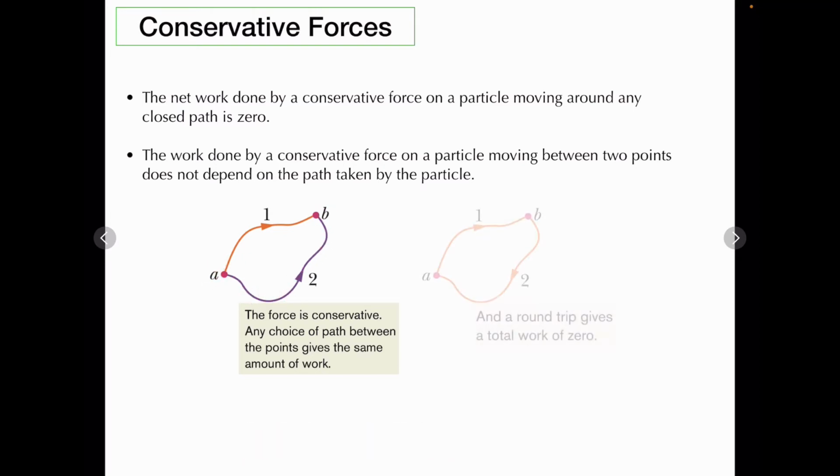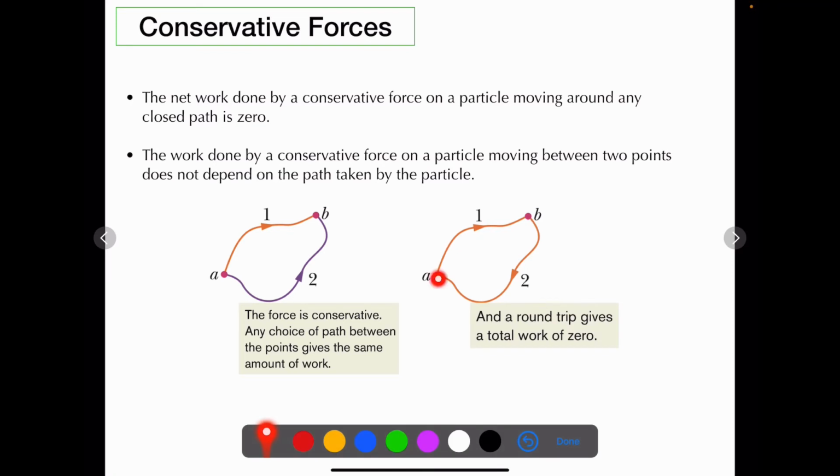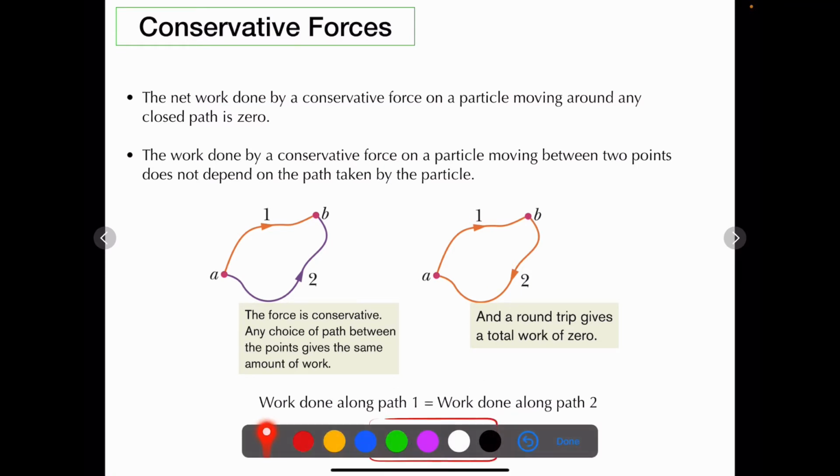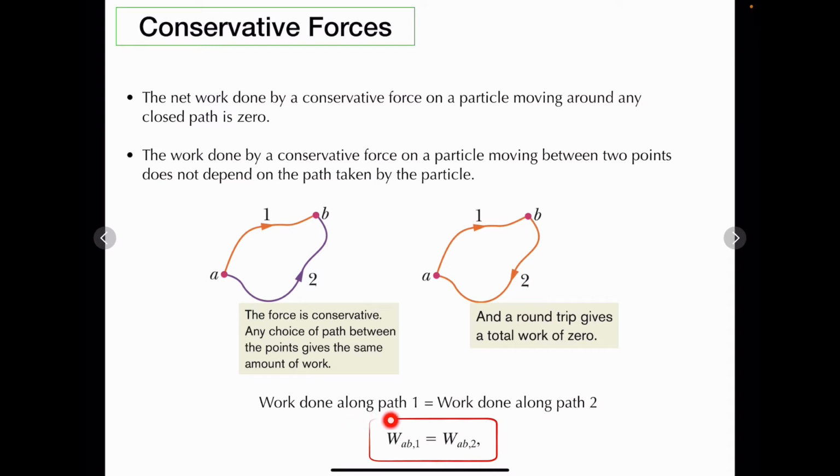And for the second condition, the work done in moving the object around the closed path, meaning bringing it from A to B and then from B to A back, the net work done will be equal to 0. And here we can write that the work done along path 1 is equal to work done along path 2, like this.